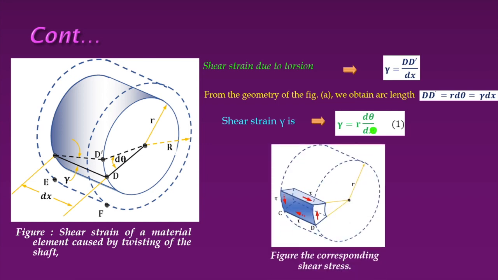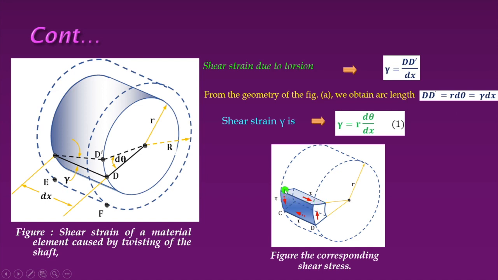Now we have to find out the shear stress, as force is working there. So stress is also working. And what is stress? Stress means force per unit area. The force that causes this shear strain, the corresponding stress, is called the shear stress.